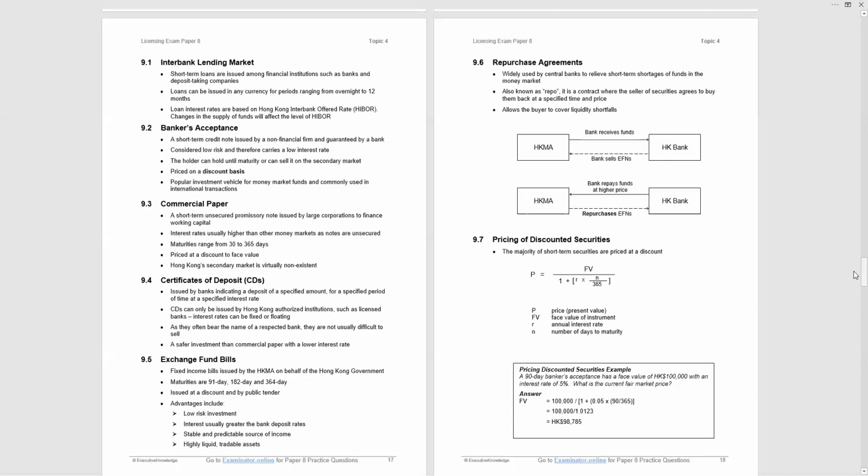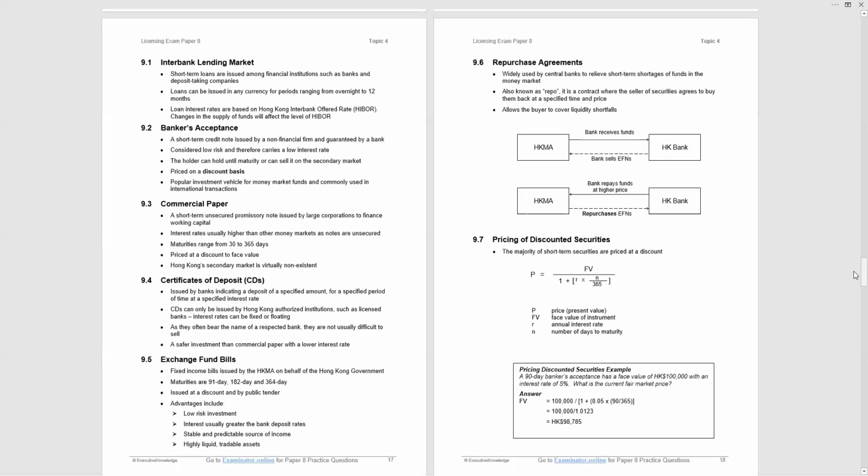FV is the face value of the instrument, 100, 1,000, 10,000, whatever is given in the question. And then you divide that by 1 plus the interest rate, the yield that's quoted, R, but you will reflect the number of days remaining. So multiplied by n, the number of days to maturity, divided by 365, that is standard.